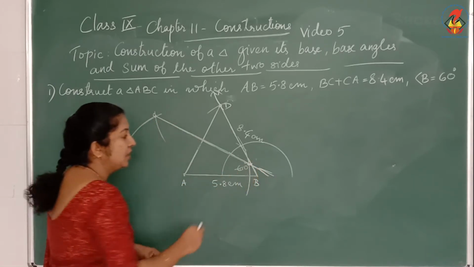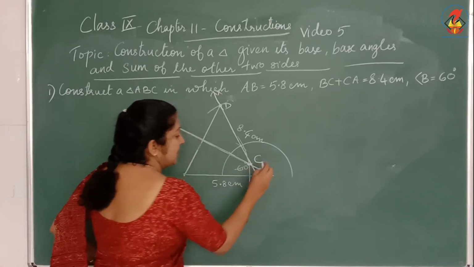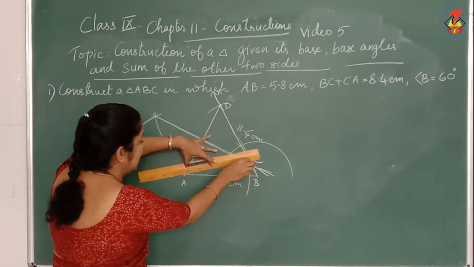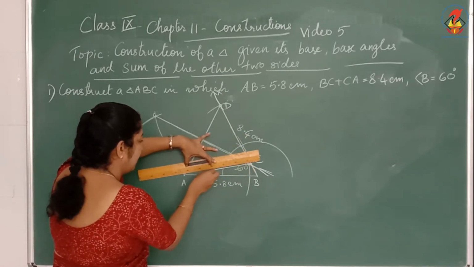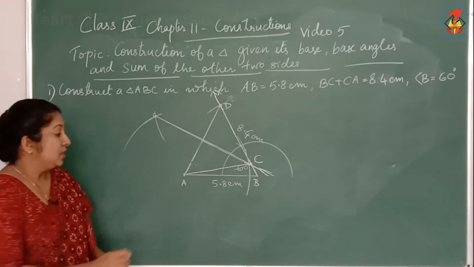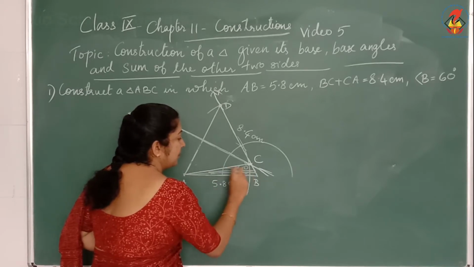This is touching here BD at C. Then you have to join A and C. This ABC is a required triangle.